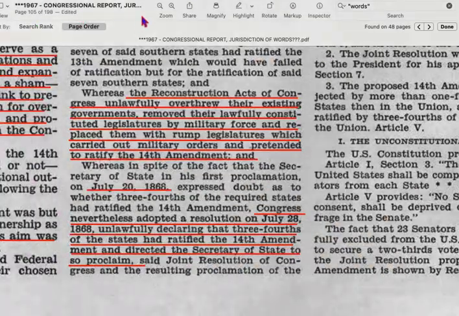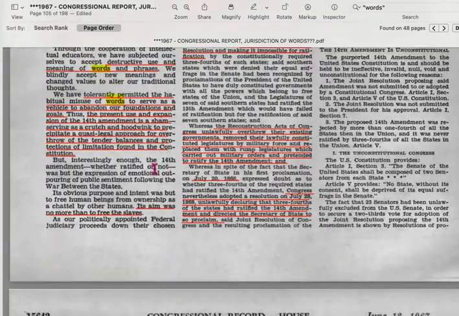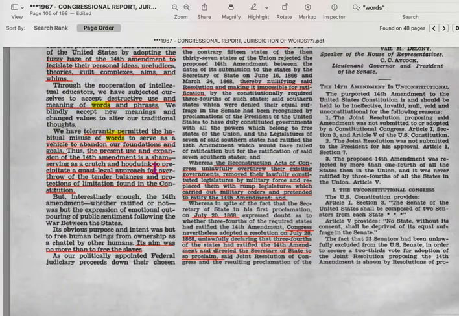Okay, so 1967 Congressional Report. I will try to upload it to archive.org. If I can't, I apologize, but you can just look this up and find it probably online somewhere. Of course, they're starting to delete searches off the internet.